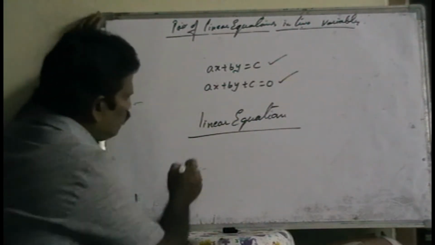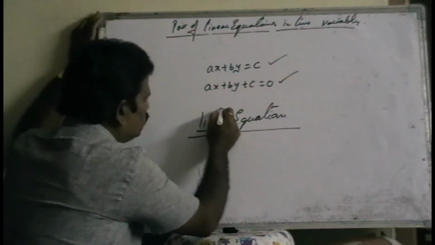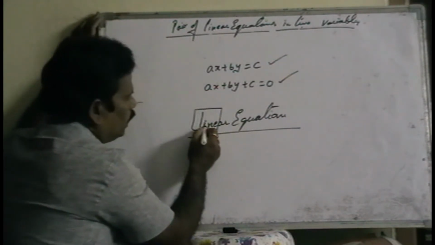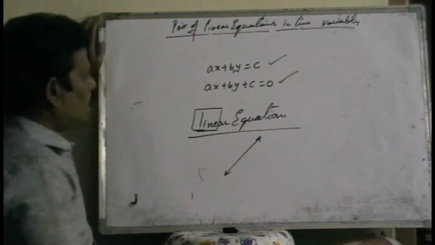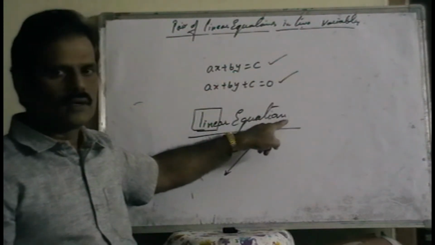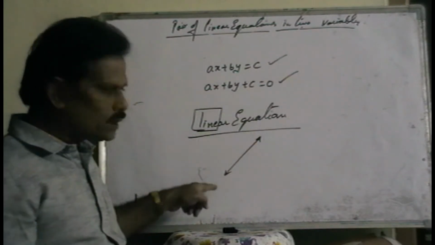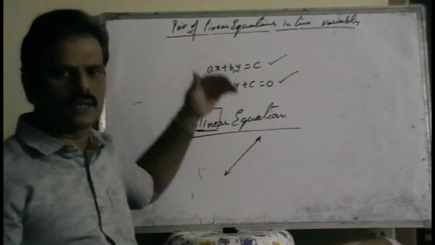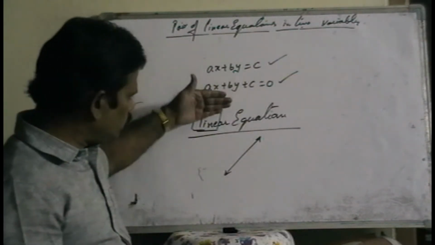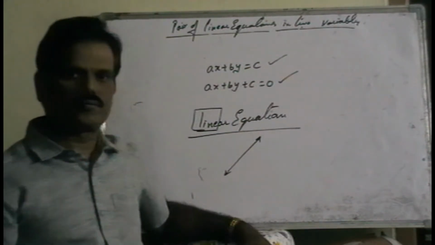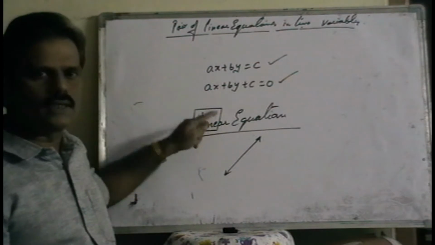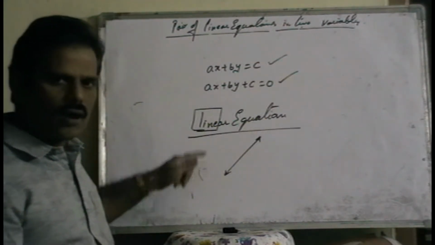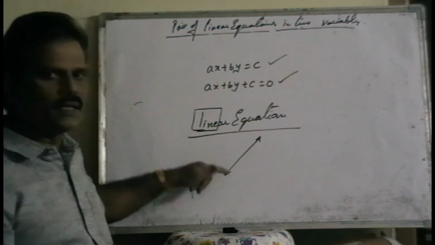Now in this name, linear equation, linear means what? The first four letters here are L-I-N-E, line. So every linear equation represents a straight line equation. A line equation is nothing but a linear equation, or a linear equation is nothing but a straight line equation.